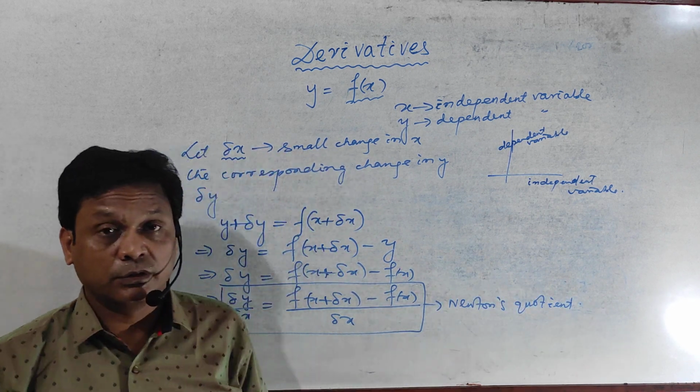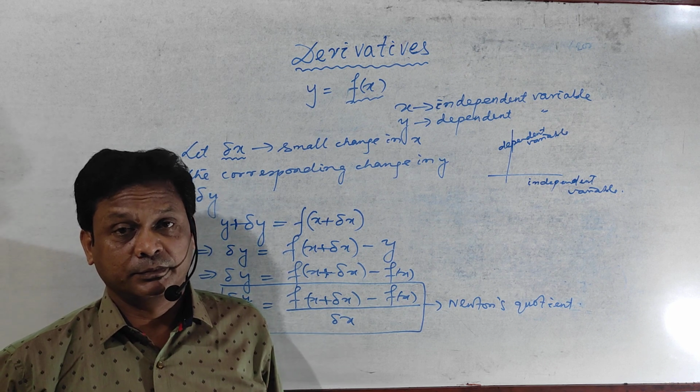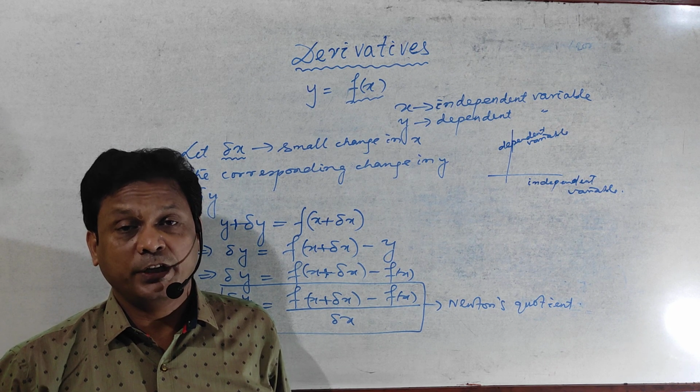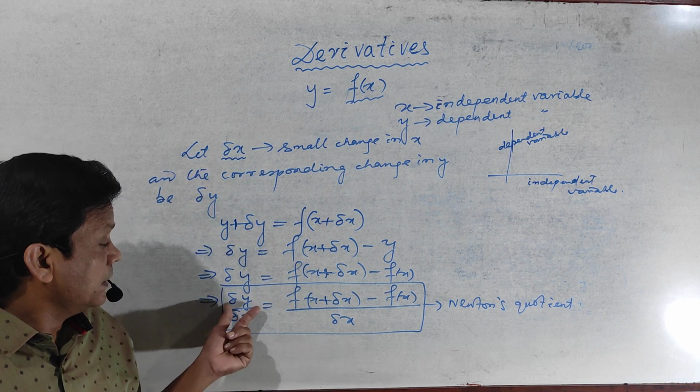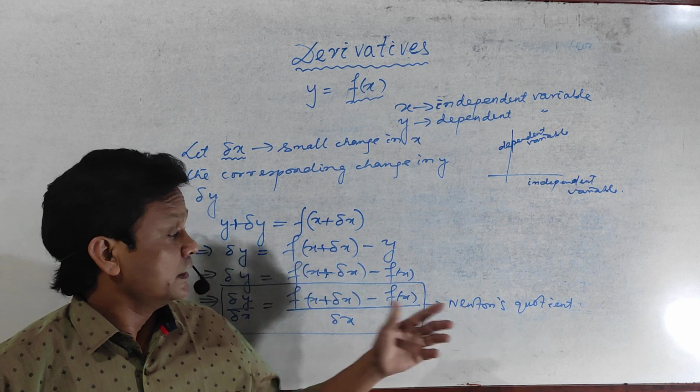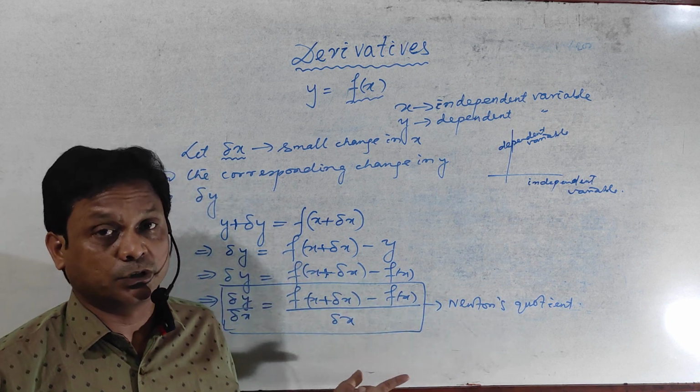And what is the quotient? Quotient is p by q form. So since it is in the form of p by q, it is called quotient, and since it was discovered by Newton, it is called Newton's quotient.